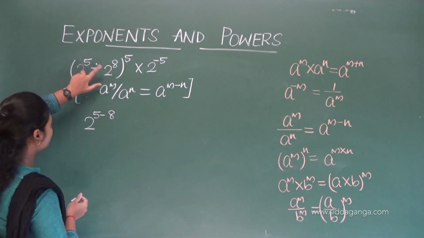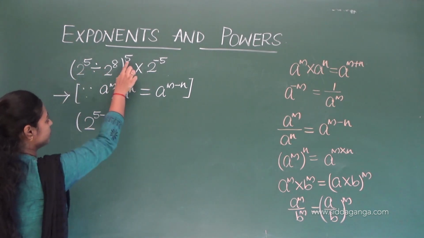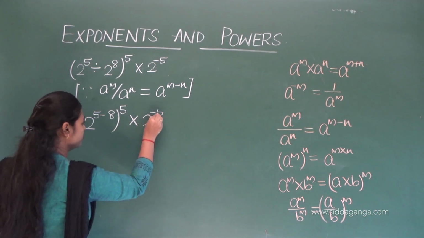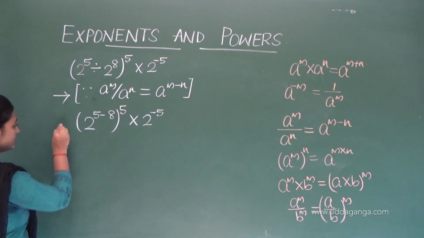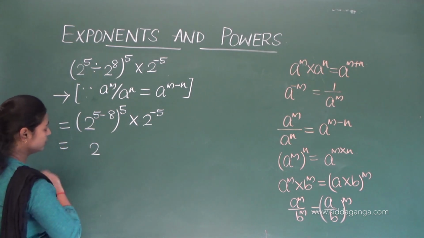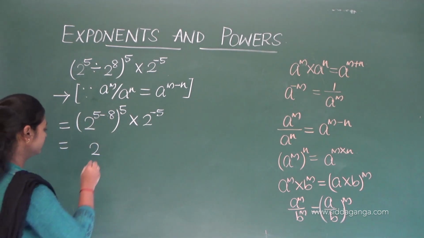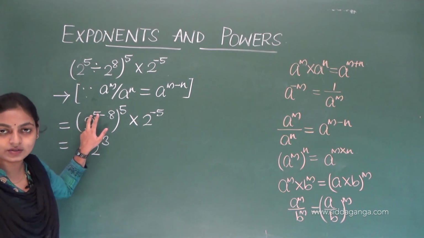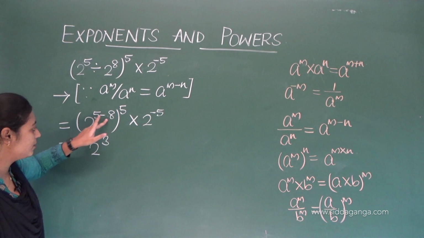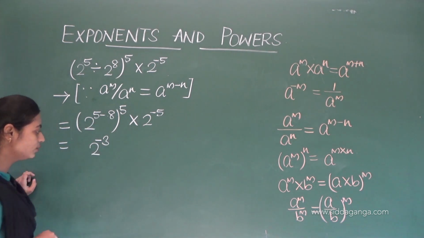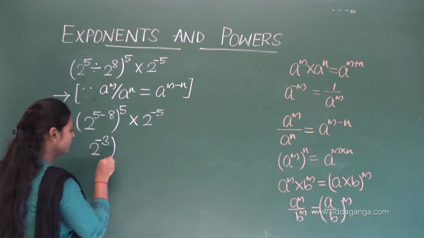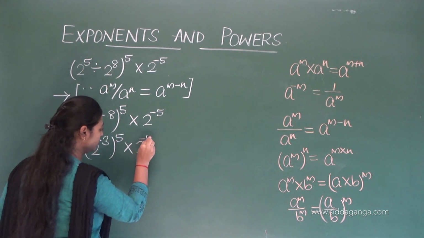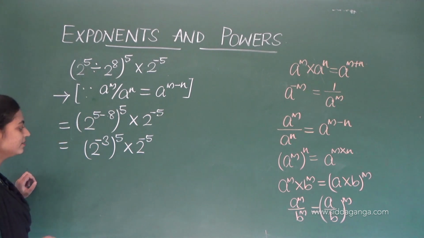Here I have written it directly: 2 raised to 5 divided by 2 raised to 8 is equal to 2 to the power of 5 minus 8. So 2 raised to the power of 5 minus 8 whole to the power of 5 into 2 to the power of minus 5, that is 2 to the power of 5 minus 8. Since we have a positive number and a negative number, we subtract these two numbers and take the sign of the highest number, which is minus. So 2 to the power of minus 3 whole to the power of 5 into 2 raised to the power of minus 5.